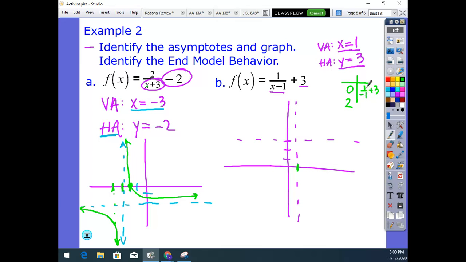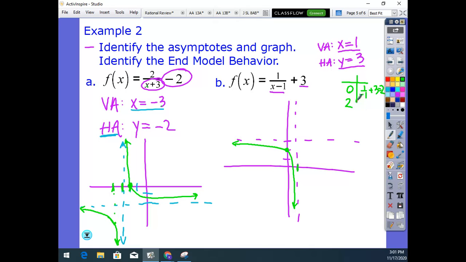Well, this is just -1 plus 3 is 2. So when x is 0, y is 2, we're just graphing that point of 0, 2. So I can't cross my vertical asymptote, so that means this side is just getting closer. And as I go to the left, as x gets really little, I'm getting closer to my horizontal asymptote. It's just in this corner here.